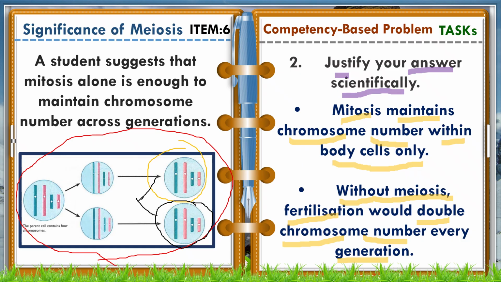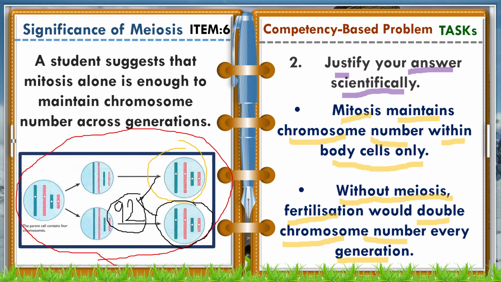The number would be around 92 chromosomes. The new organism would have 92 chromosomes, which is not viable.